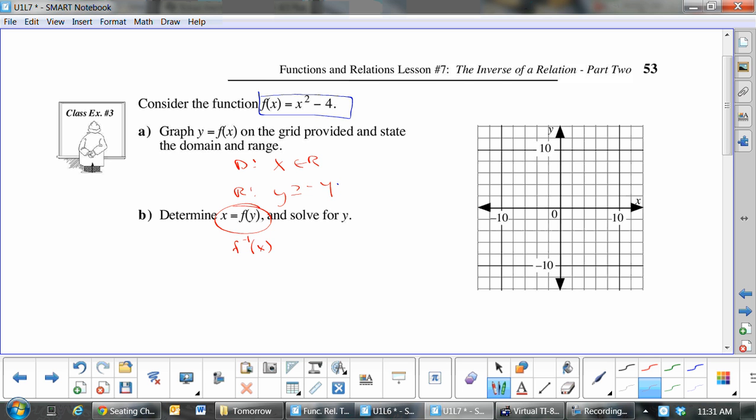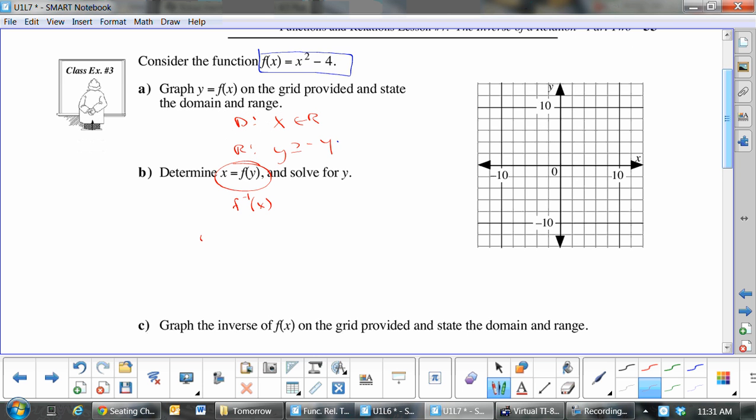Okay? So my equation is y equals x squared minus 4. My first thing I need to do is switch them. x equals y squared minus 4. Now it says solve for y. So I'll add 4 to both sides. x plus 4 equals y squared.